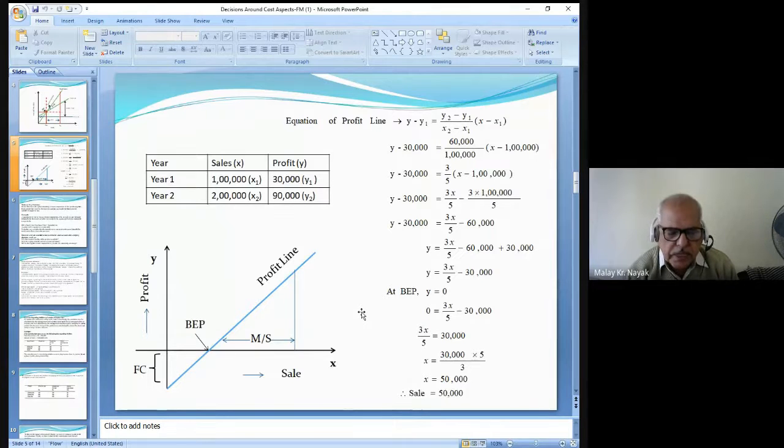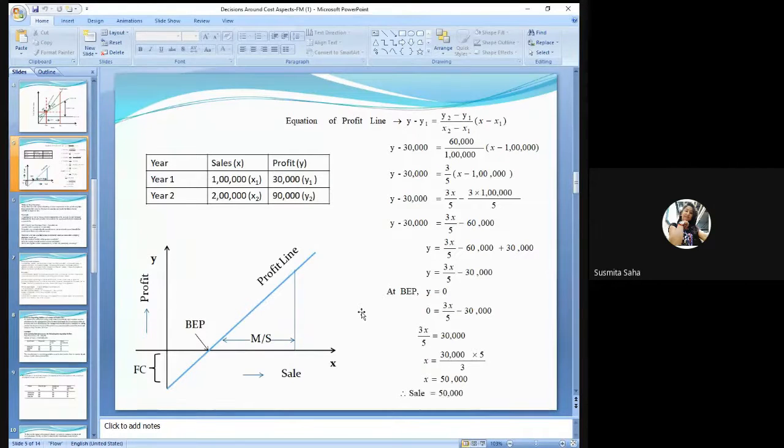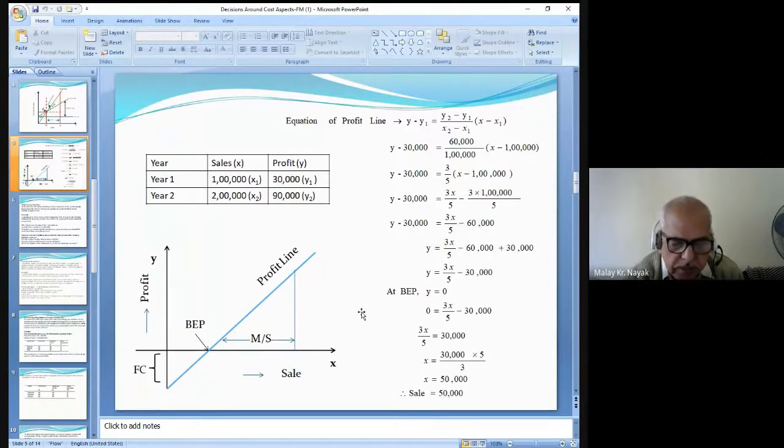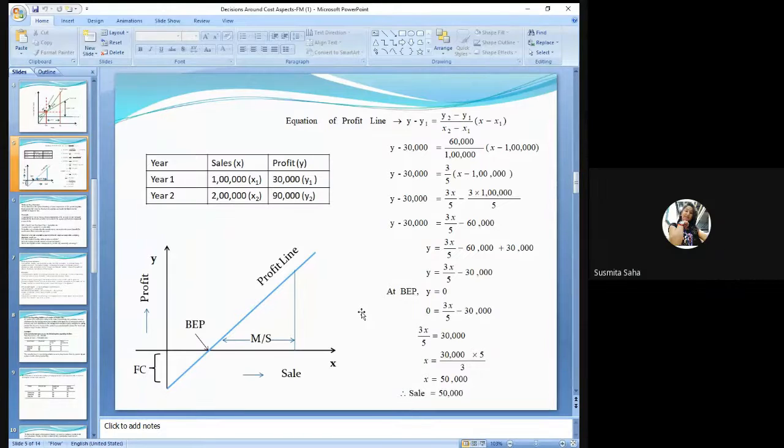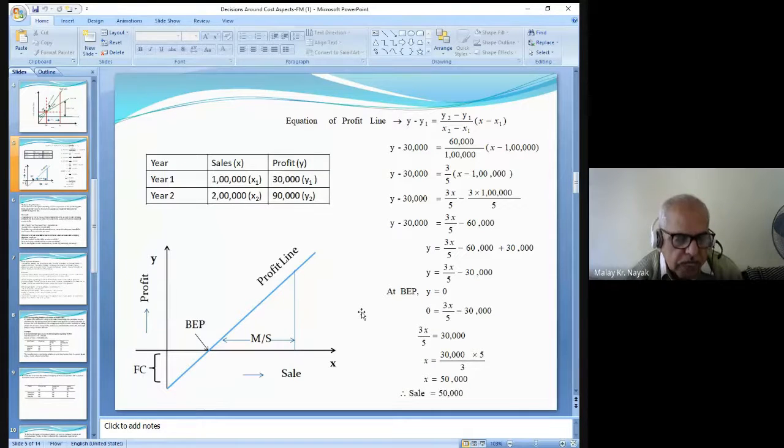What is margin of safety for that sale? 7,50,000 minus sale at break-even point, 2,50,000.